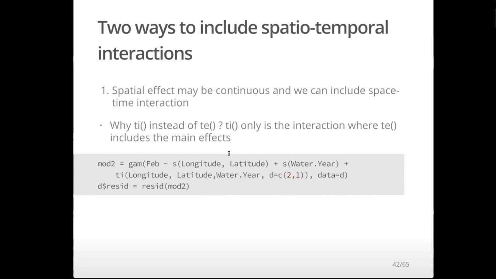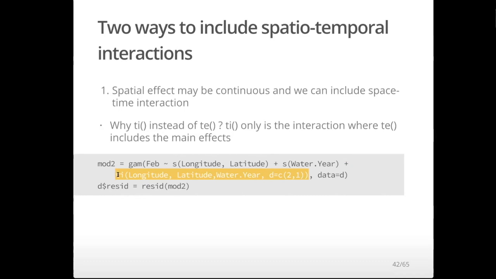A way to model the space-time as being continuous would be to have a single spatial field as a function of latitude and longitude, again with our same smooth over the year effects to control the intercept, and then use this interaction, which you can get with the tensor smooth in GAMs.